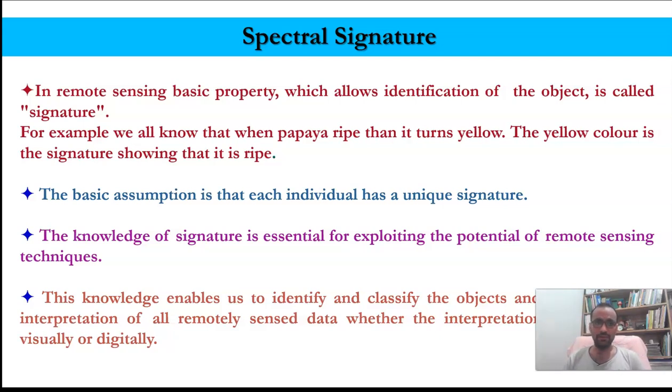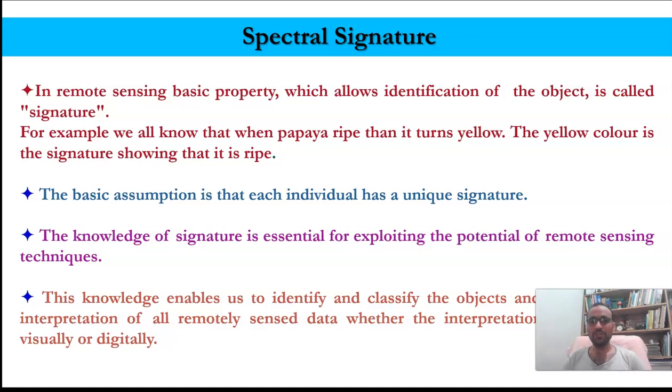For example, we have different objects like a ripe papaya, and we know this is yellow, then the yellow color is the signature, because our eyes are identifying the color as yellow. Okay, so yellow is an identity, and that identity of the color is the signature.